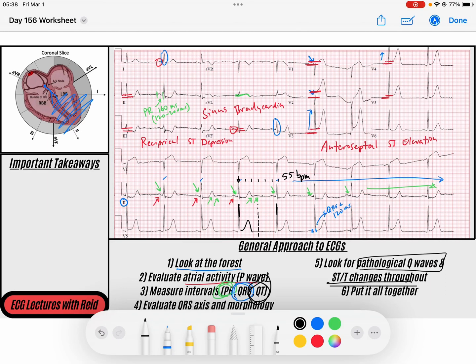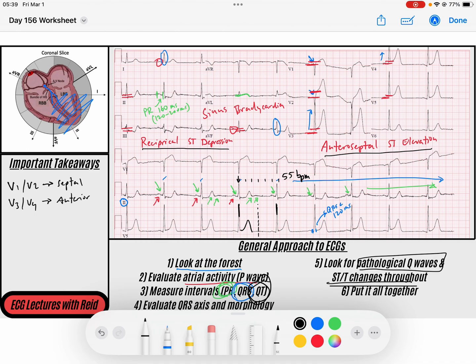Let's recount that V1 and V2 are septal leads, and V3 and V4 are anterior leads. That's why we call this an anteroseptal elevation. And this reciprocal depression helps solidify why we had these anteroseptal changes. It makes it more likely this is a myocardial infarction.